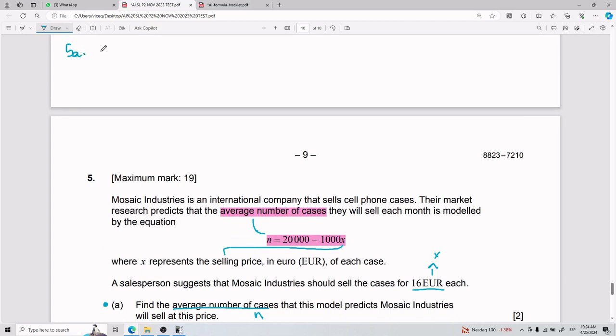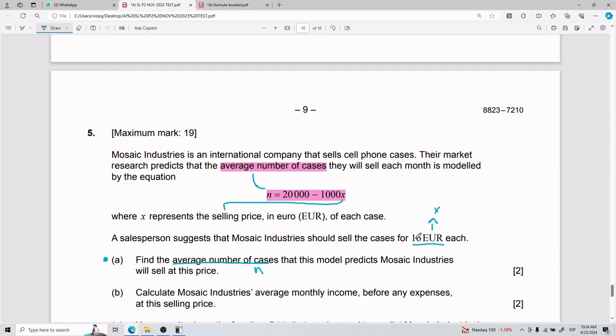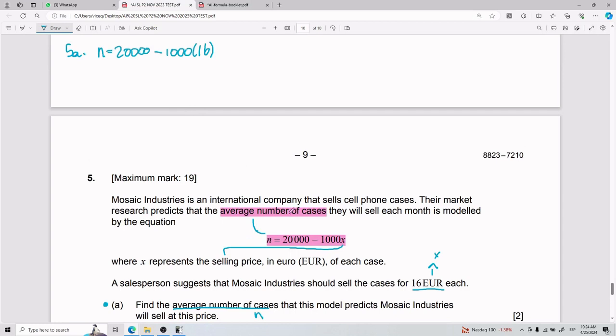For part 5A, on your function N, you're going to plug in an x of 16. So in other words, you will be asking your function, when x is 16, what is N? When each case is sold at 16 euros each, what is the number of cases that get sold? So N equals 20,000 minus 1,000 times 16, right?